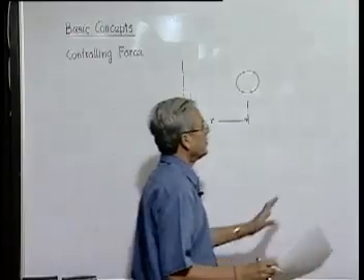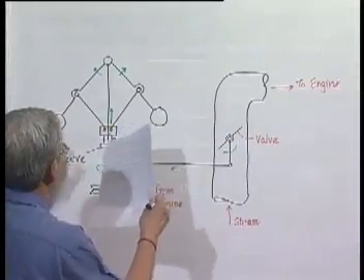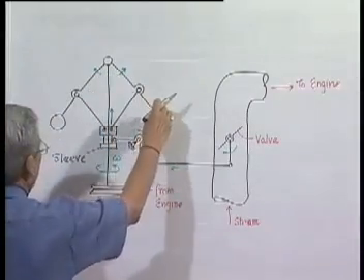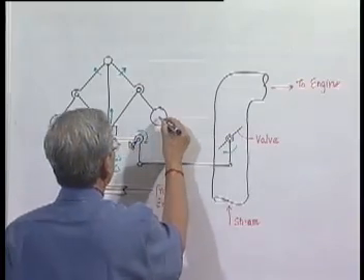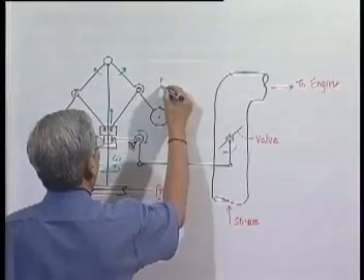Now, suppose it is not rotating. Then the ball obviously will not remain at some higher position, it will always try to come below because of gravity. Now, to keep it at this particular radius r, what can we do?